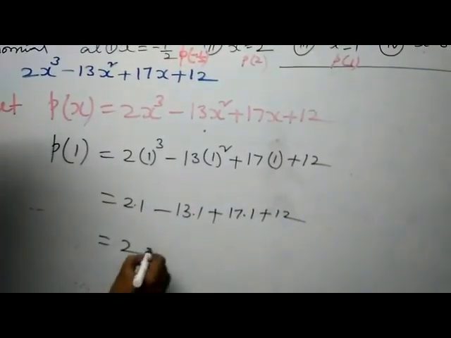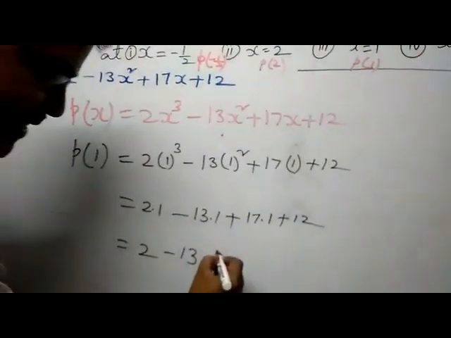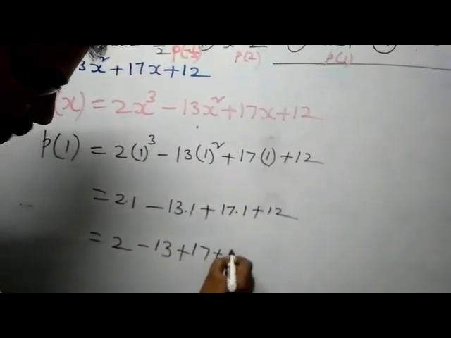2 1s are 2, minus 13, plus 17 1s are 17, plus 12.